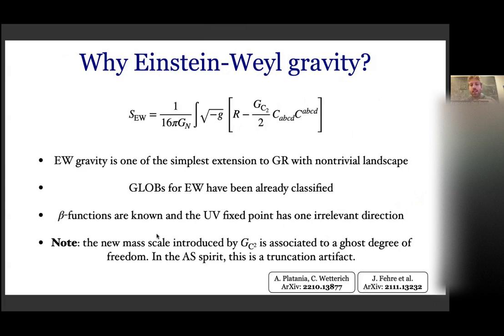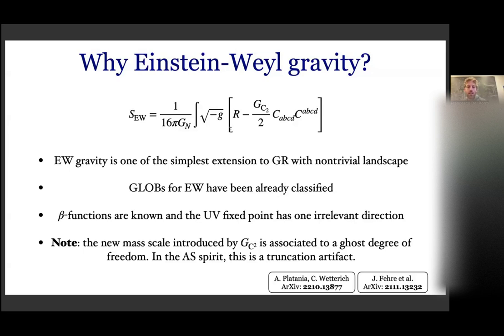It's maybe the simplest extension of GR with a non-trivial landscape. You just add a single operator to the Einstein-Hilbert action, the Weyl-squared term, for which you have a non-trivial landscape, because we will see that there are many solutions other than just the usual Schwarzschild black holes that we know.